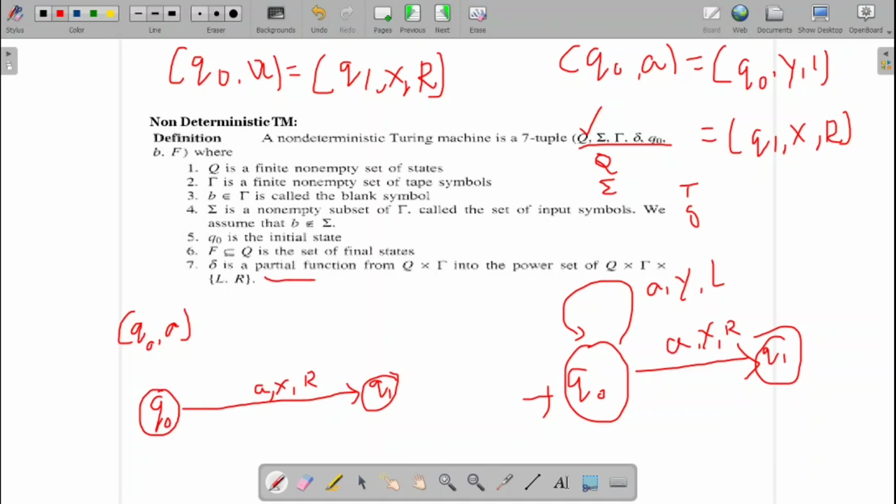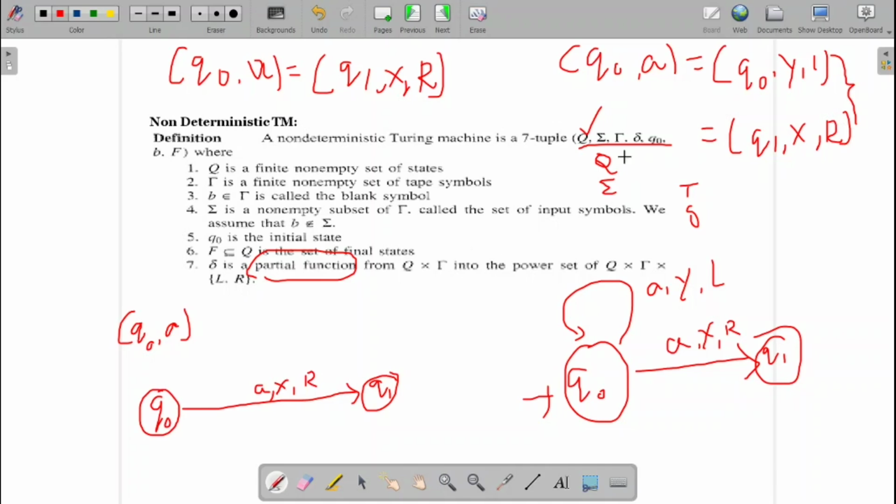Delta, the transition function, is a partial function. What is partial? We may have n transitions defined for the same state and same input symbol. That's why it is called a partial function.